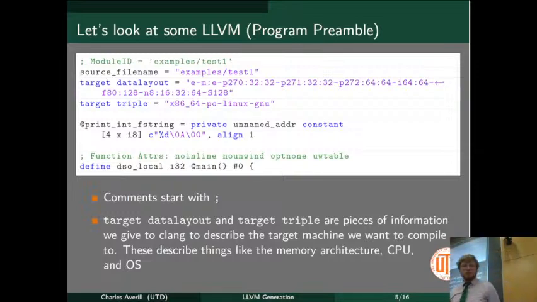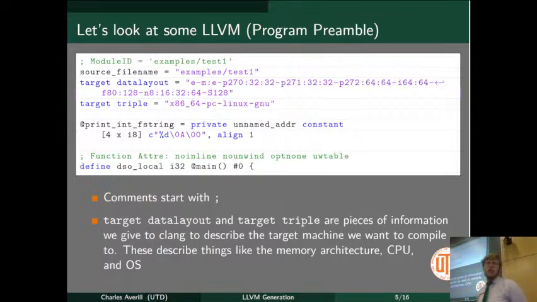We have this @.printf string. The @ symbol is how we denote global variables or global values. Although they can be variables, you can do rewritable values up in the globals, but don't worry about private or unnamed_addr. Constant makes sense, so this value should never change.